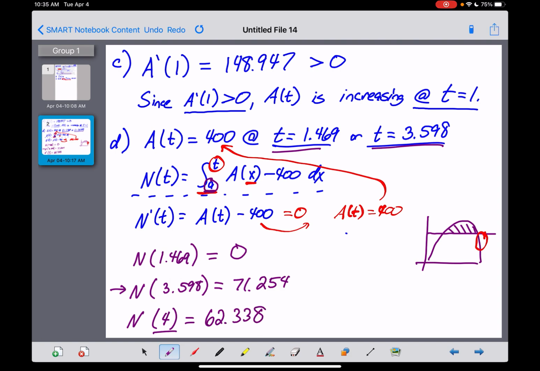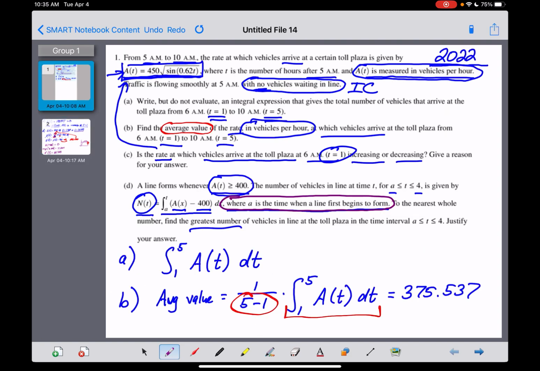So let's make sure we've answered the question, everybody. And the question was, find the greatest number of vehicles in line at the toll plaza in the time interval from A to 4 and justify your answer. Now, I'm going to remind you guys that what they said here in part C, give a reason for your answer. They'll sometimes use the word explain right there. Explain, or giving a reason, that involves words.